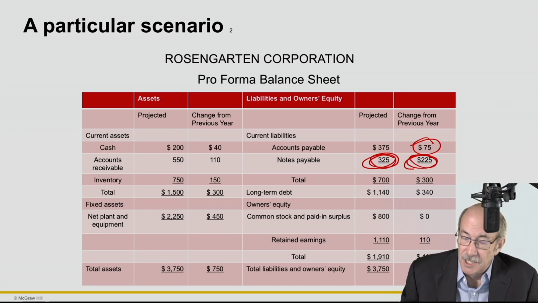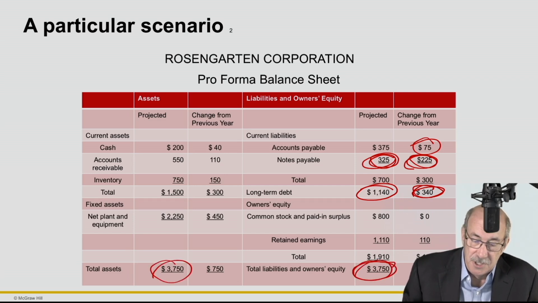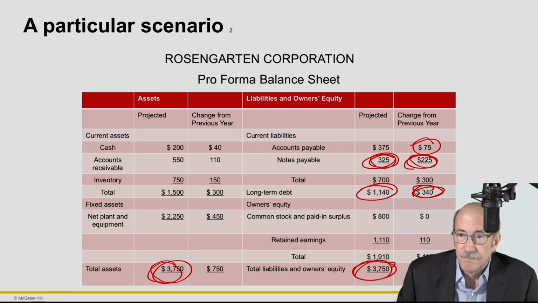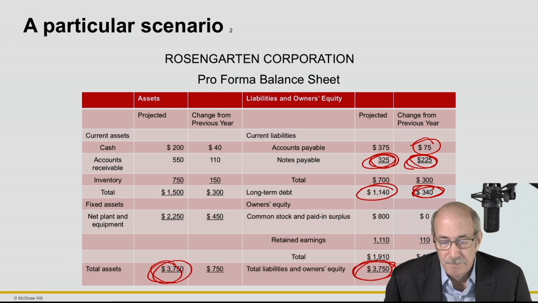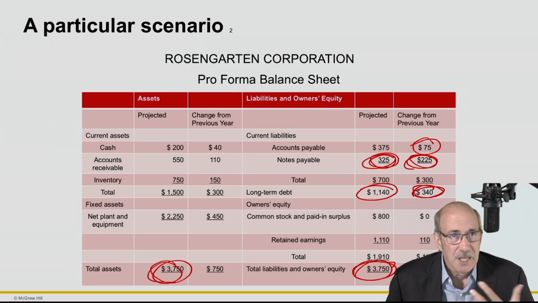And then finally, the other 340 is an increase in long-term debt. Now, when we get down here, you'll notice that the balance sheet does balance. And now we have our pro forma financial statement and a pro forma balance sheet. It just gives us a basic picture of the health of the firm if we take on this expansion project.